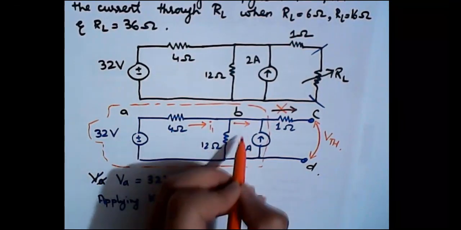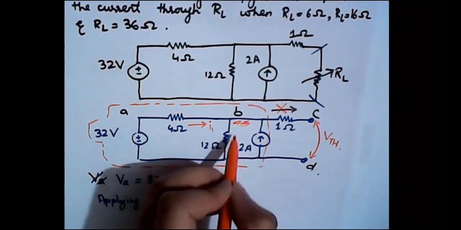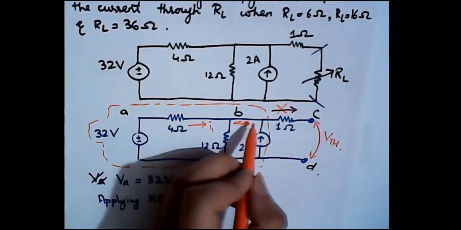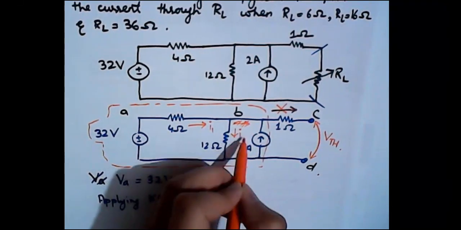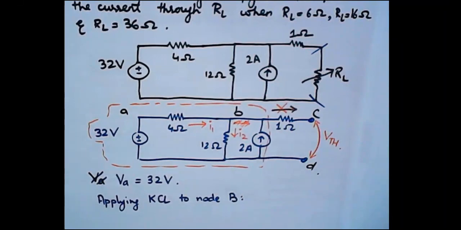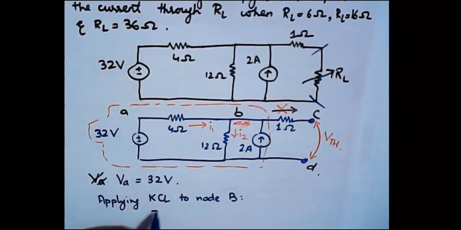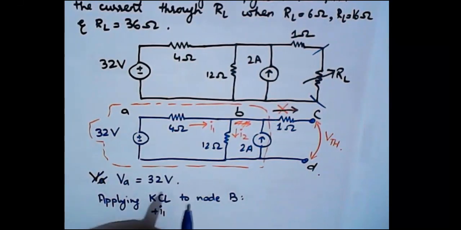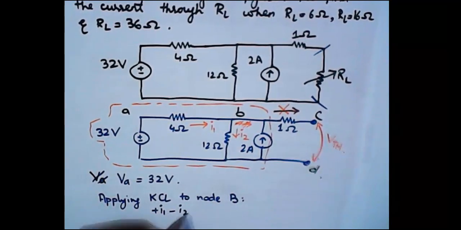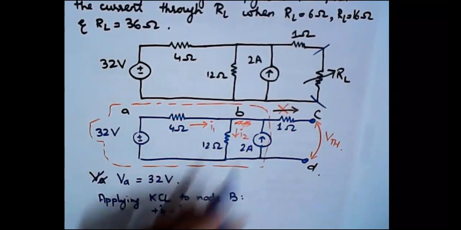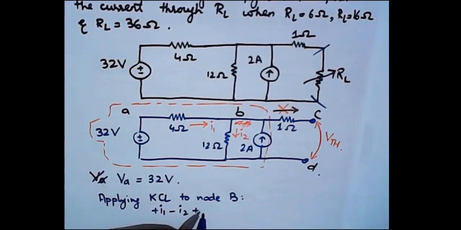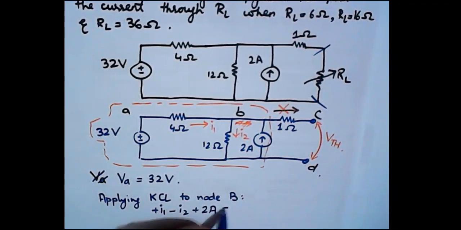This will be current I1, this won't be any current because this is the same node. This will be current I2, right? So here we can see that the current I1 is entering the node, so it will be taken as positive. The current I2 is leaving the node, so it will be taken as negative.